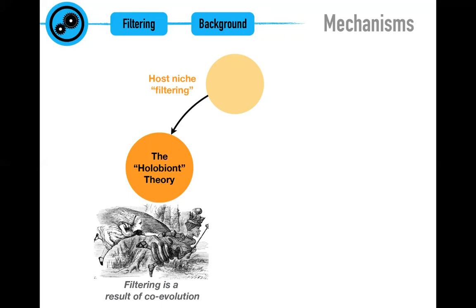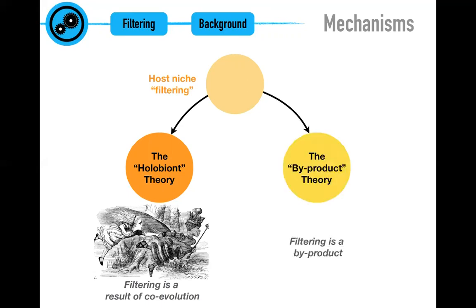But I think it's a very complicated theory, and I think there is a simpler way to explain the specificity pattern I observe, and I called it the byproduct theory. So the fact that there might be filtering by the host, and in the holobiont case, the filtering is an active process by the host, choosing the good microbes and removing the bad microbes, like the result of an adaptation to choose the good microbes in order to provide benefits.